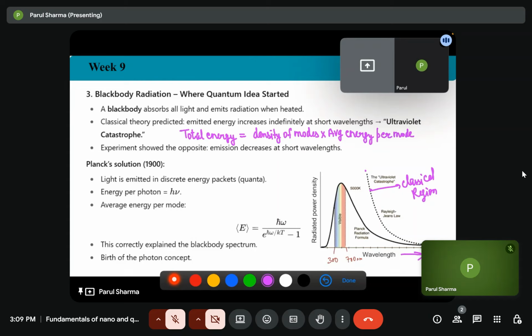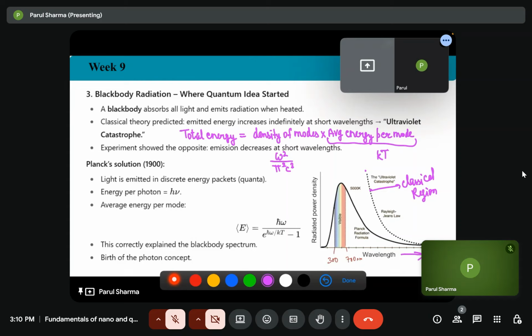So what is the density of modes? Density of modes is given by omega square by pi square c cube, and average energy, that is thermal energy, is kT in the classical limit. So in the classical limit, you can see that classical theory predicted that energy is increasing continuously at higher frequency.